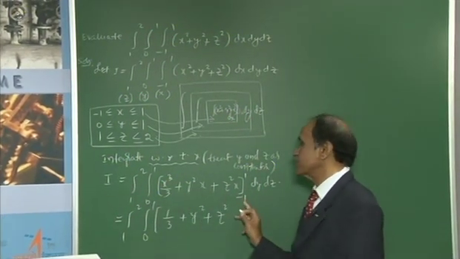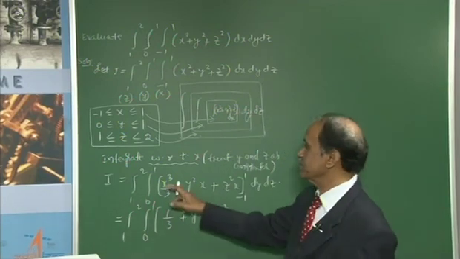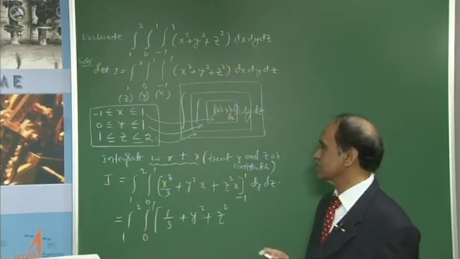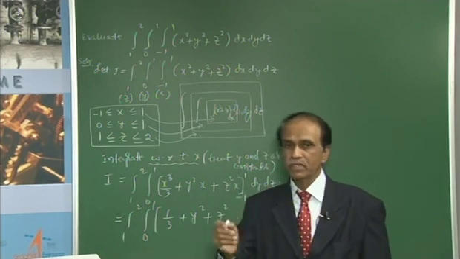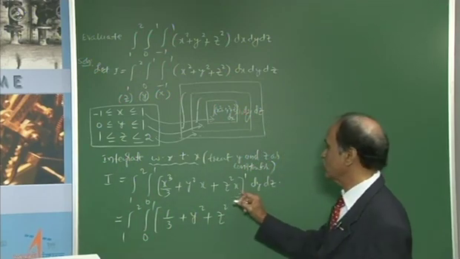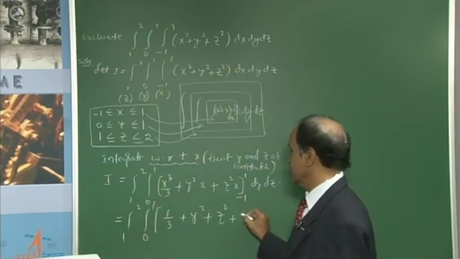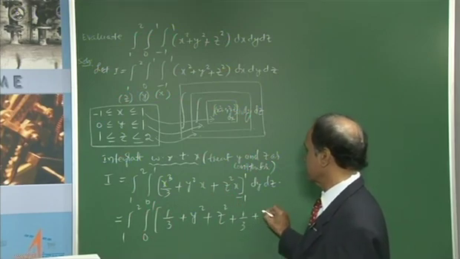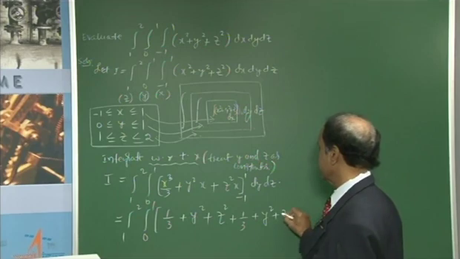Then you replace x by minus 1: x equal to minus 1 whole cube gives us minus 1. But please remember, you are applying the lower limit, so one more minus sign has to be assigned, which makes it a plus sign, that is plus 1 by 3, and here also plus y square, and here also plus z square.